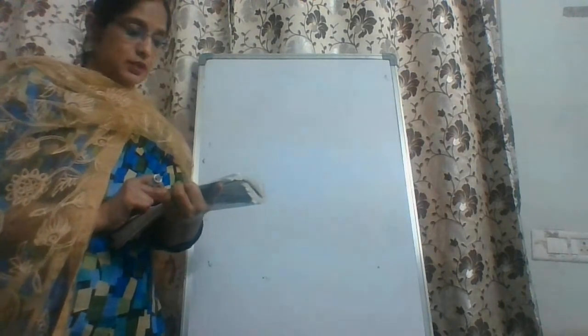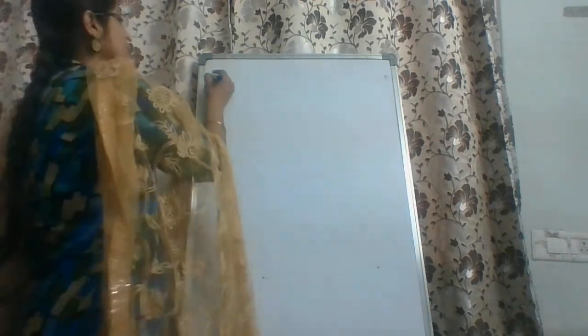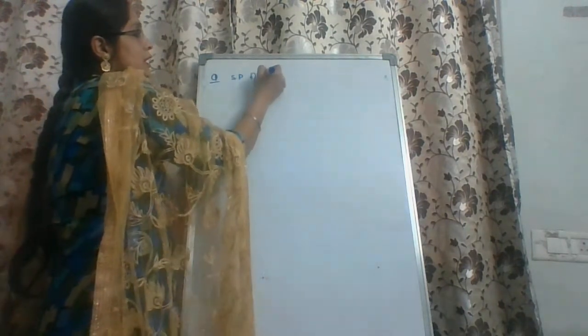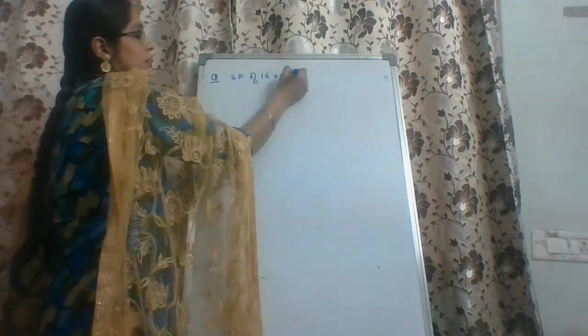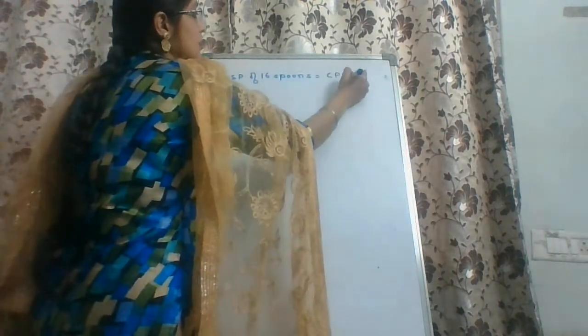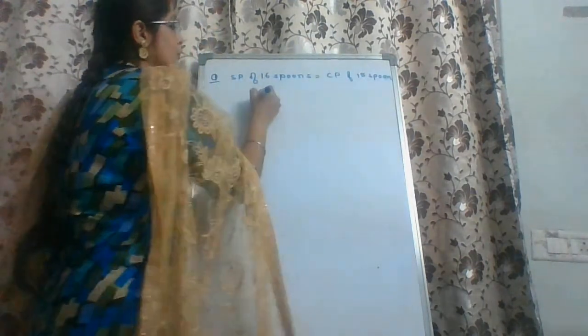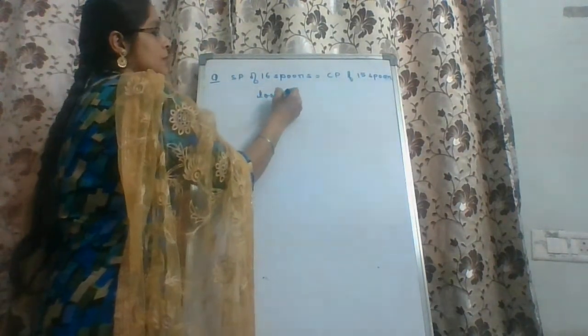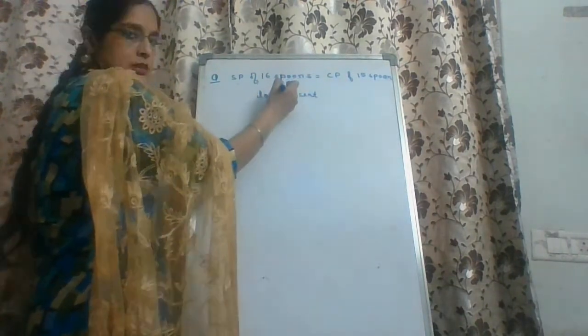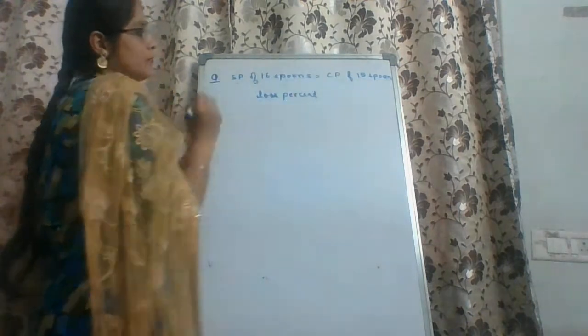Find the loss percent. So what is given? We are given selling price of 16 spoons is equal to cost price of 15 spoons. You have to find the loss percent.